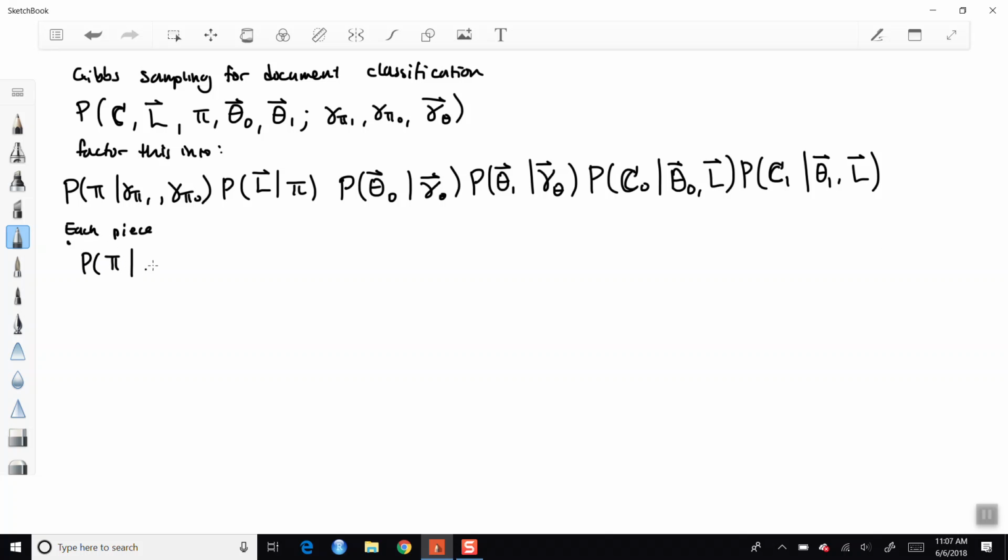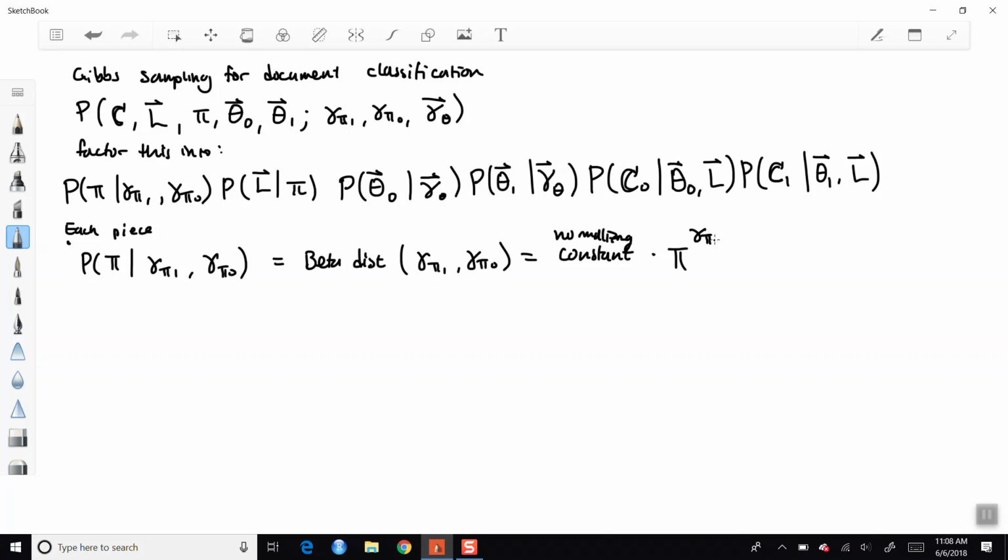So the probability of pi given gamma pi 1 and gamma pi 0 is equal to the beta distribution with parameters gamma pi 1 and gamma pi 0, which becomes a normalizing constant times pi raised to the gamma pi 1 minus 1 and 1 minus pi to the gamma pi 0 minus 1.